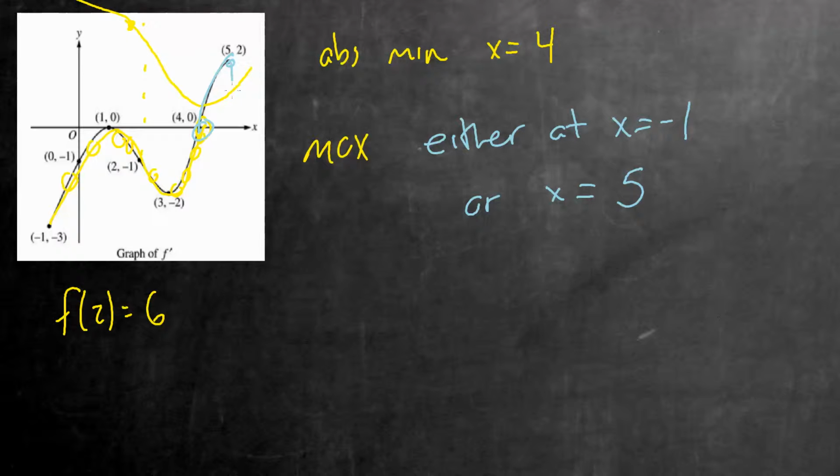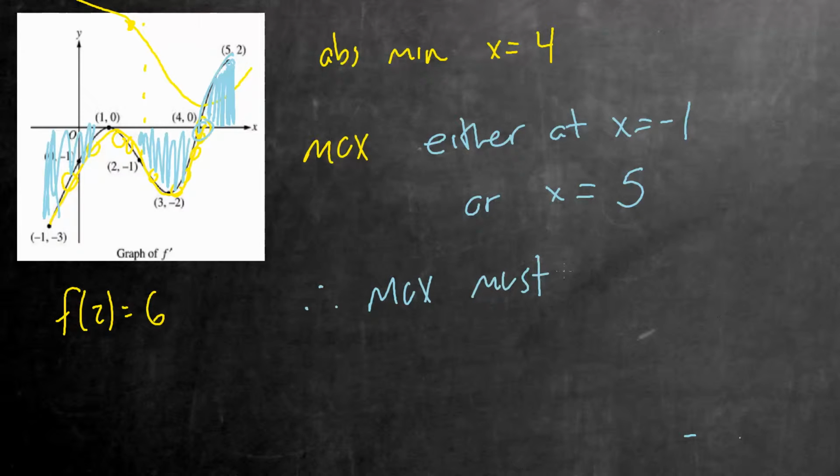It is enough justification to say that based on the graph, that area is much less than this area. Therefore, the absolute max must be at x equals -1.